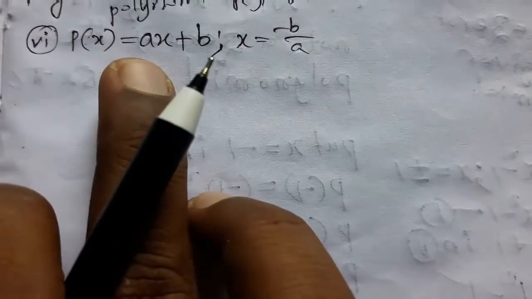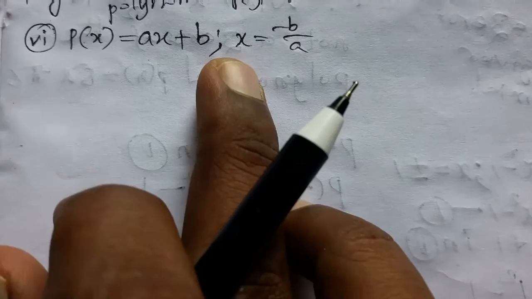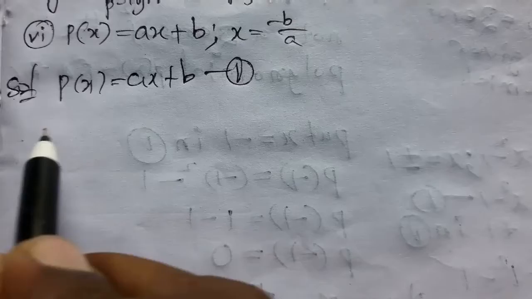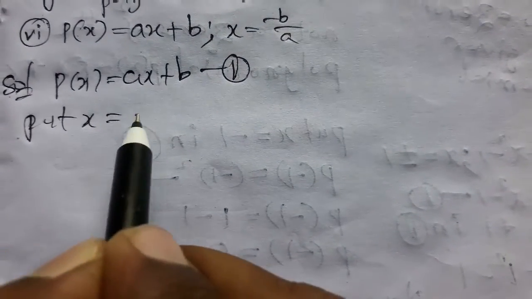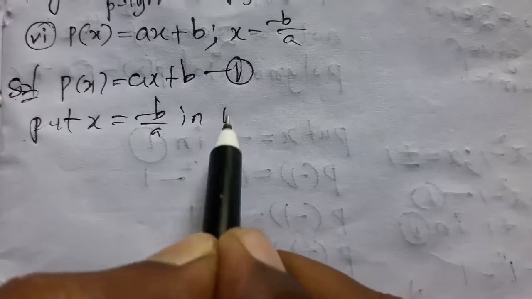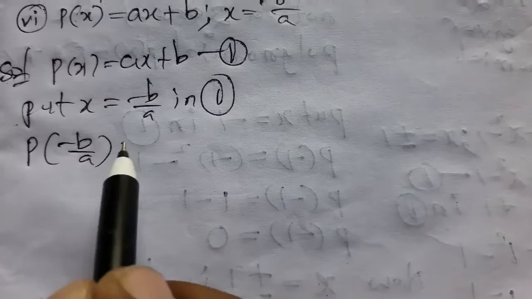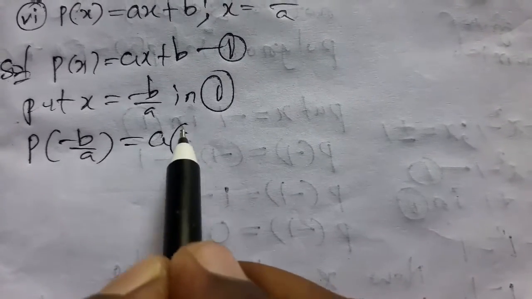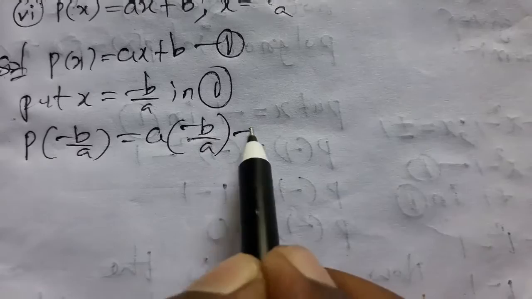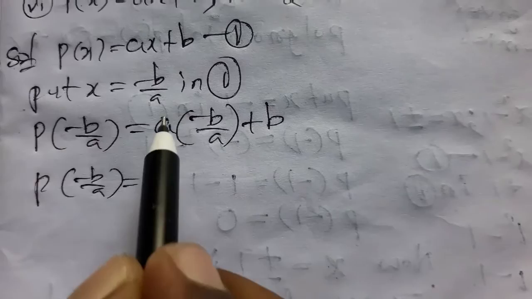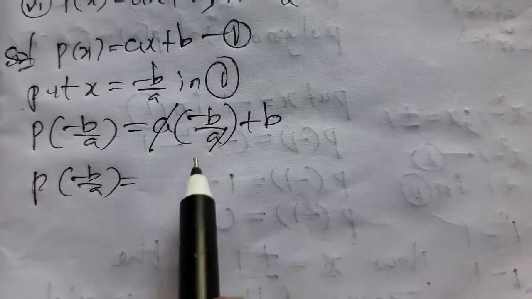See here, P of x equals ax plus b and the x value is minus b by a. Solution. P of x equals ax plus b. Take this as equation 1. Put x equals minus b by a in equation 1. We get P of minus b by a equals a times minus b by a, plus b. Numerator and denominator a cancel.